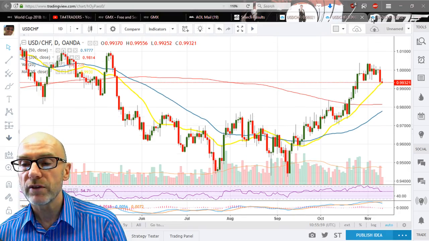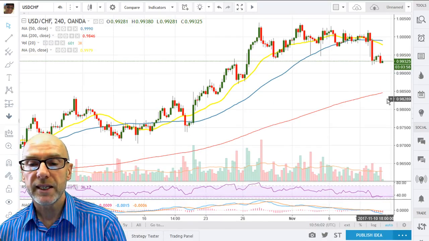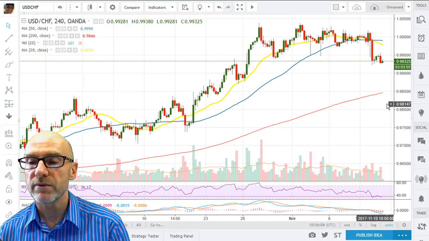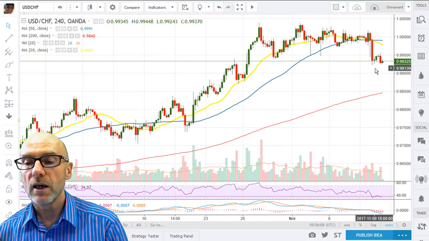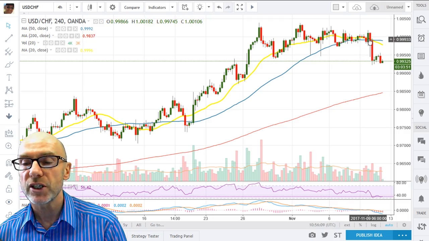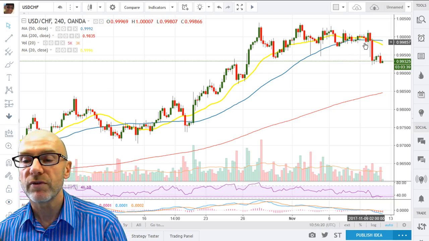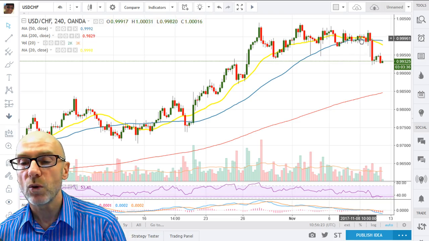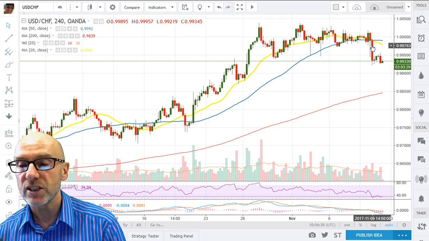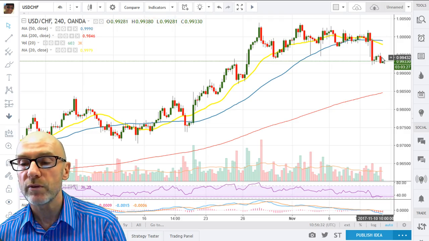Now moving on to the 4-hour picture, and this is the chart that's really throwing some concerns for me. You can see that the moving averages created a bear cross yesterday, with the 20 crossing the 50 as they were both moving downwards. The moving average support has also failed. They did hold the dollar for a couple of days, but the fall yesterday has now taken us well below the moving averages.